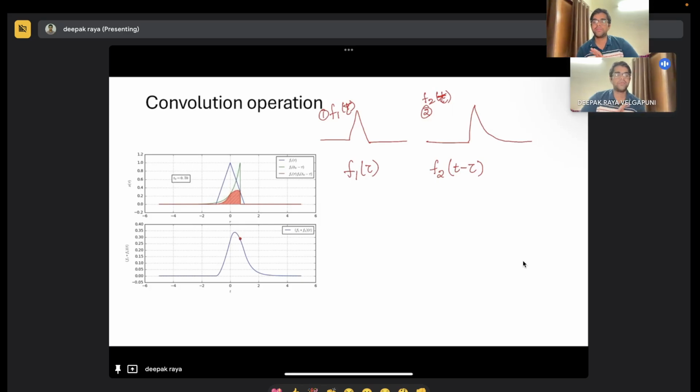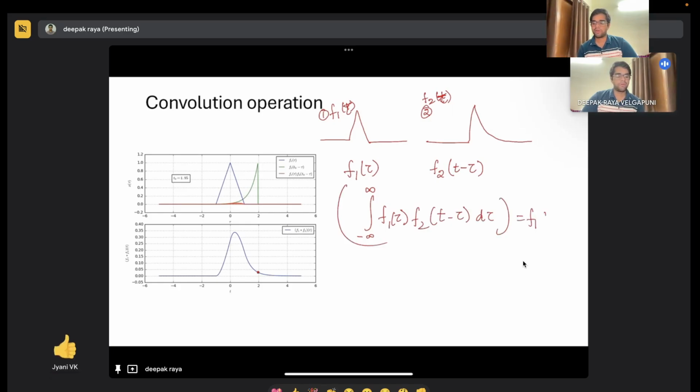So this is the visualization of the convolution operation. It is denoted by the integral from minus infinity to infinity of f1 of tau, f2 of t minus tau d tau. This is nothing but f1 convolution f2. It is hard to visualize in terms of formula, so I put this video. Is the convolution operation clear?